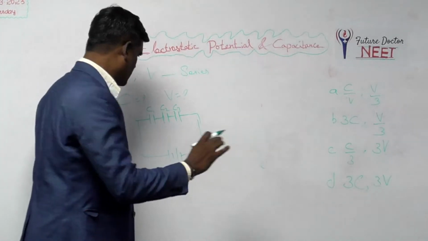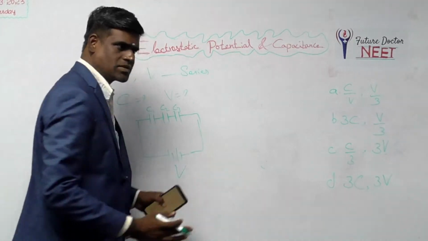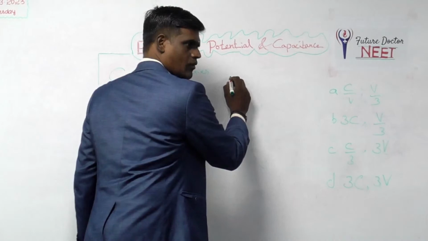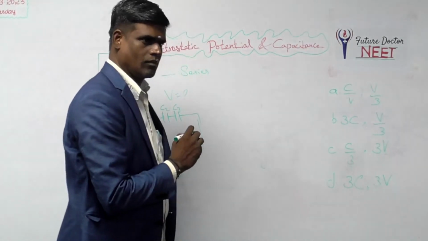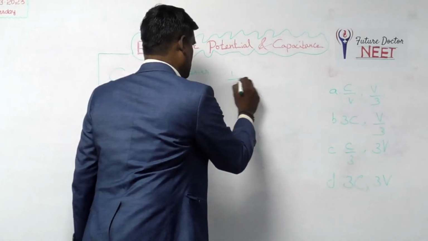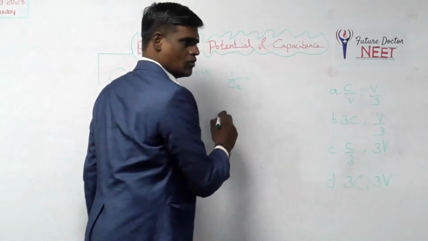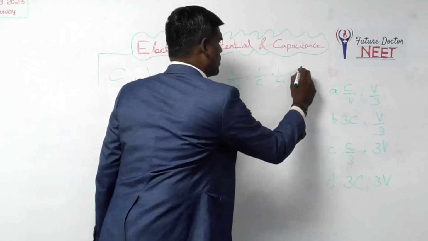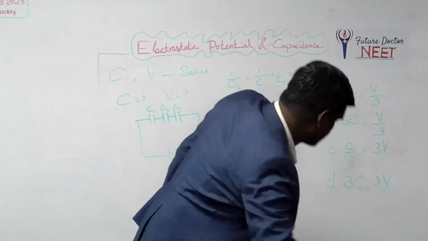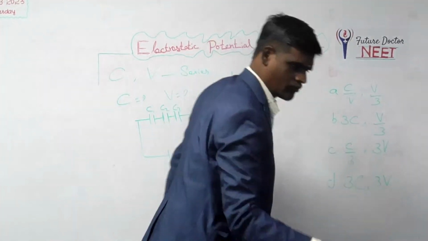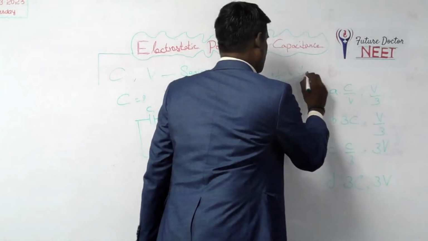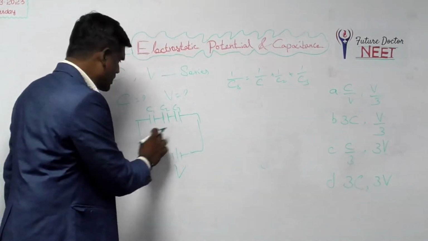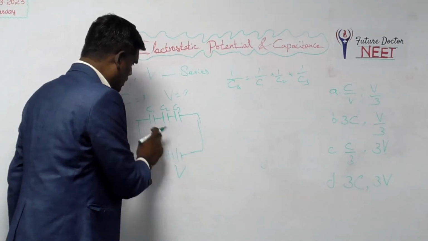In yesterday's class we gave the capacitance in series. What is the formula? 1 by CS equal to 1 by C1 plus 1 by C2 plus 1 by C3. And for series, what about V?